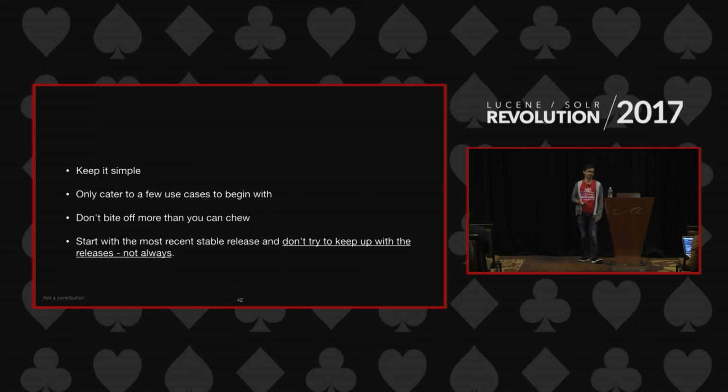And last but not the least, start with the most recent stable release. And please don't try to keep up with releases. We're pretty aggressive with releases. Like there was a time we were having multiple parallel releases, monthly releases. So stick to a release unless you need something that is only available in a more recent release.